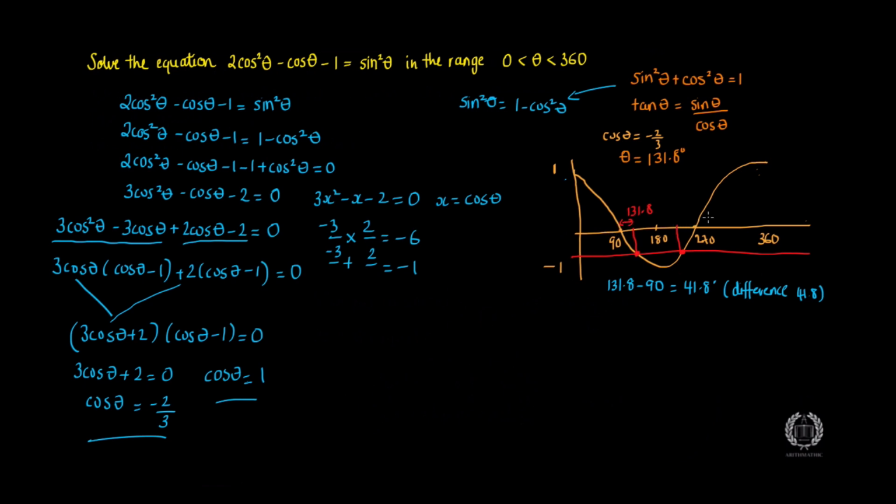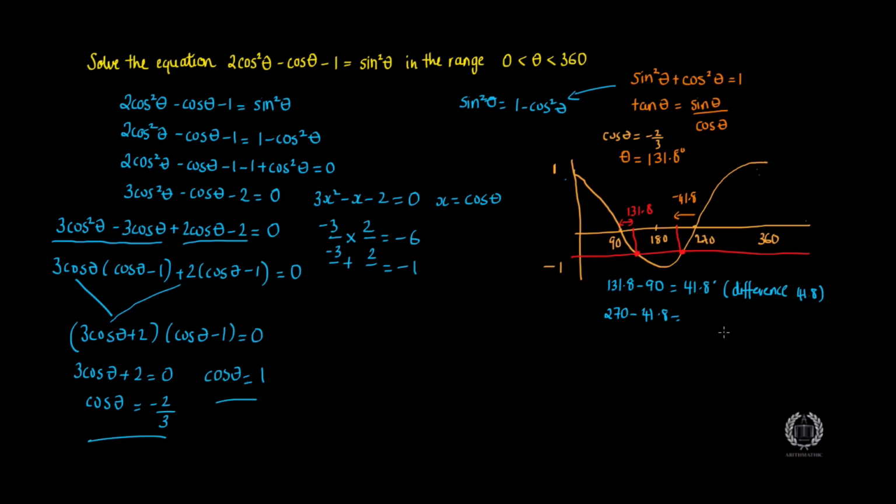For me to get this angle, let me use a different color pen here again. For me to get this angle, I know this is 270. I need to go backwards 41.8 from 270 to get this intersection. So I need to do minus 41.8 this way to get the other intersection. You do 270 minus 41.8, the difference, because this difference is the same as this difference, right?